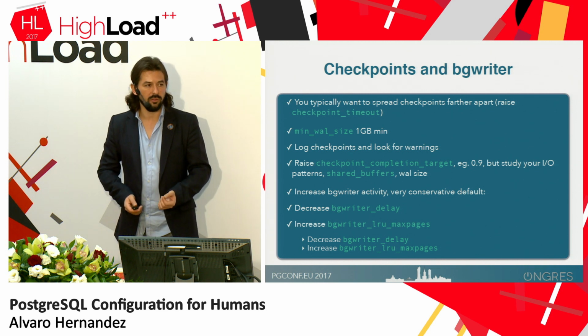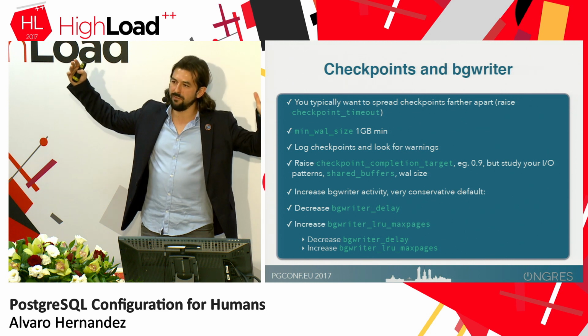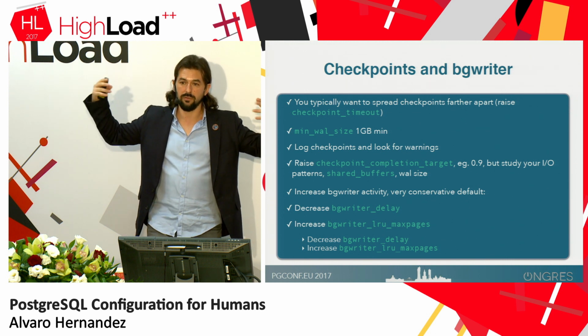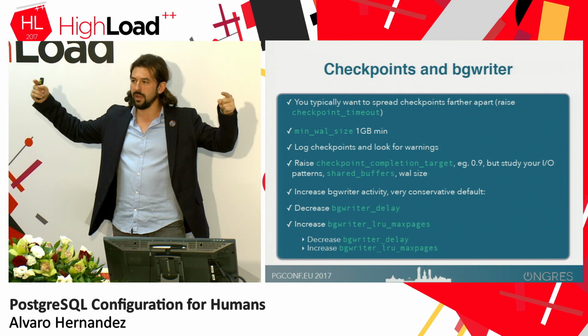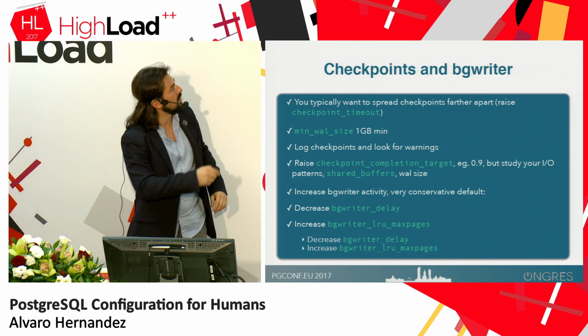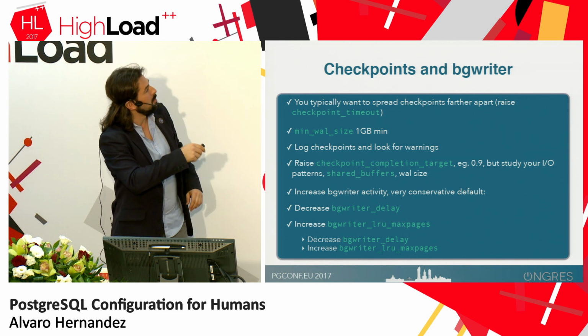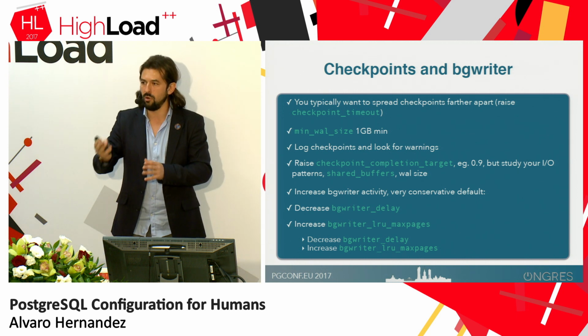As per the checkpoint, we actually want to spread it more in time to make it happen less frequently, so these spikes are less frequent. Because if we are now tuning the background writer activity to make these spikes lower, we can also separate the checkpoints. So make the timeout a bit bigger. Make sure, of course, we have a significant amount of WAL. Otherwise, the checkpoints will happen more frequently no matter what we say.